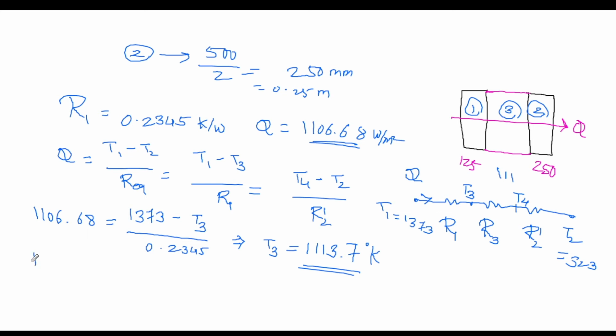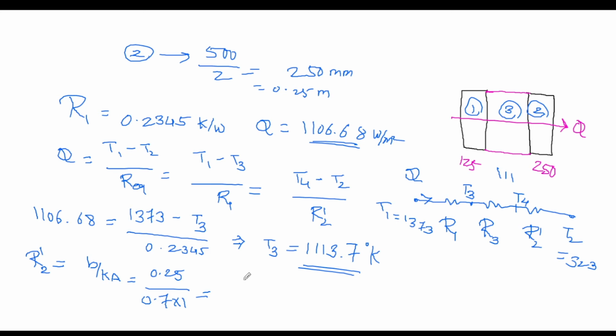Similarly, we will calculate resistance 2 dash, that is resistance change with change in width. So it will be B by KA. Here B is 0.25 divided by K. K is 0.7 into A. We have considered unit area, so it is 1.